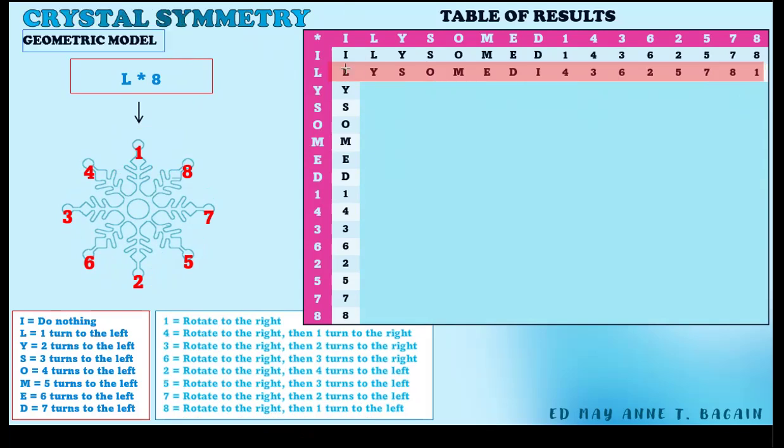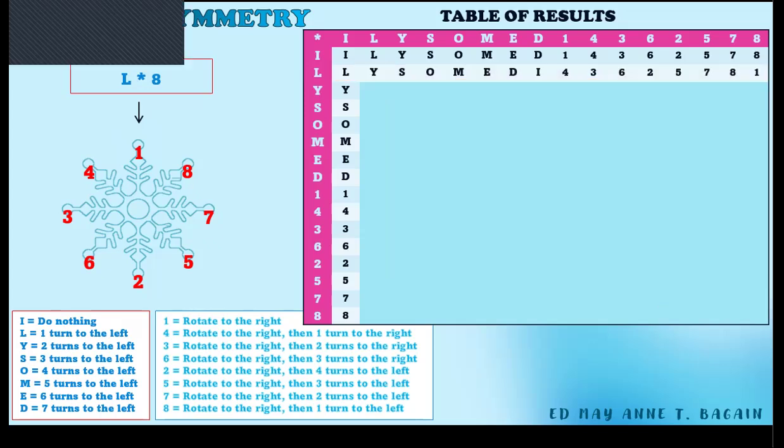So if we keep on doing that for Y and so on and so forth, we will be having this table of result. Let's check what will be the table of result.